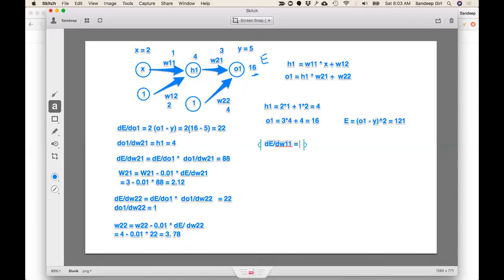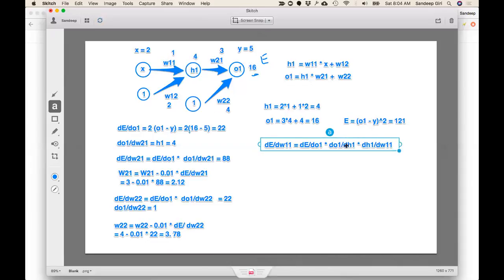It's going to be the rate of change of error with respect to O1 multiplied by the rate of change of O1 with respect to W11. Further, we could convert it into something like this: rate of change of H1 with respect to W11. So we compute the rate of change of error with respect to O1, rate of change of O1 with respect to H1, and rate of change of H1 with respect to W11.